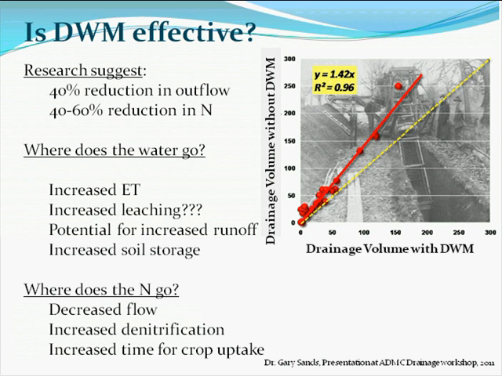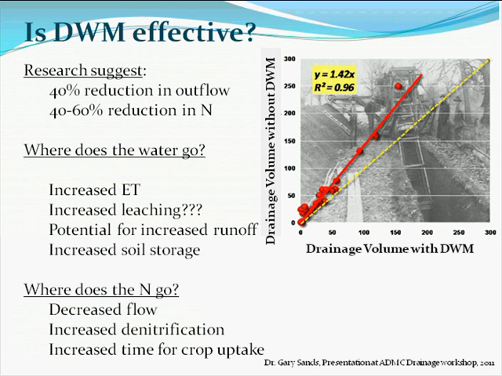Research shows that under drainage water management, we have increased ET, or evaporation, and that's mostly because we are holding the water table closer to the surface, enhancing soil evaporation, and also promoting greater crop transpiration. Increased leaching has been a concern.